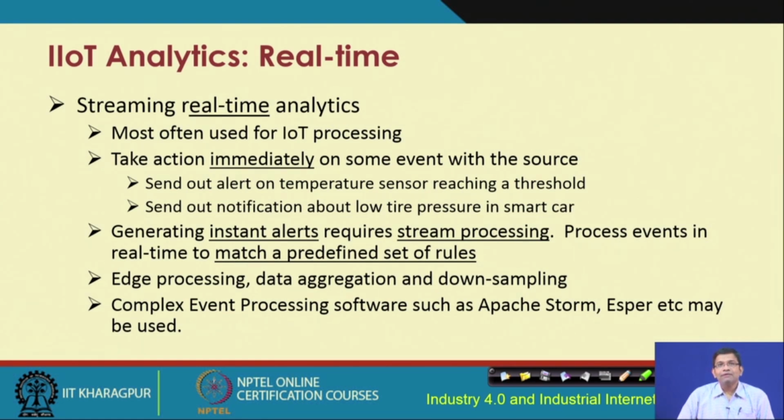For example, if a particular machine is crossing or coming close to a particular temperature threshold, then an alert could be sent for a machine in operation. Different notifications about tire pressures, for example, in a smart car could be sent immediately. So, certain baseline real time analytics could be performed, and it is also very important to instantly send these alerts through different stream processing and so on.